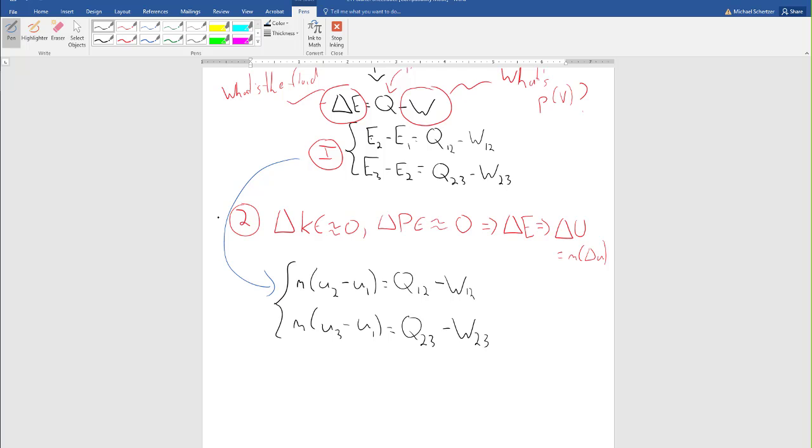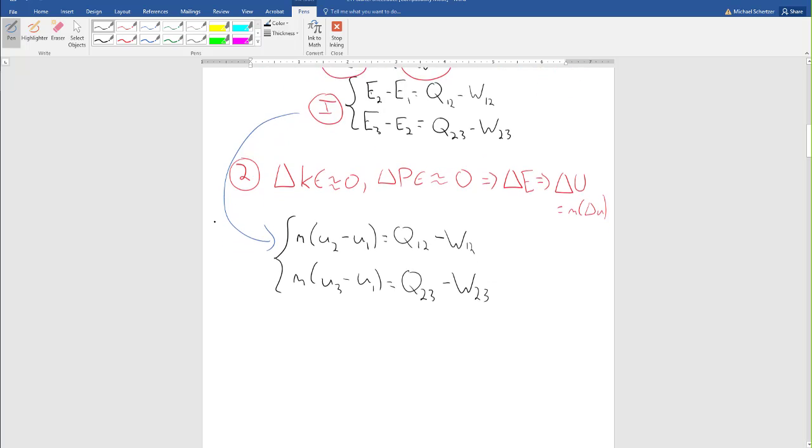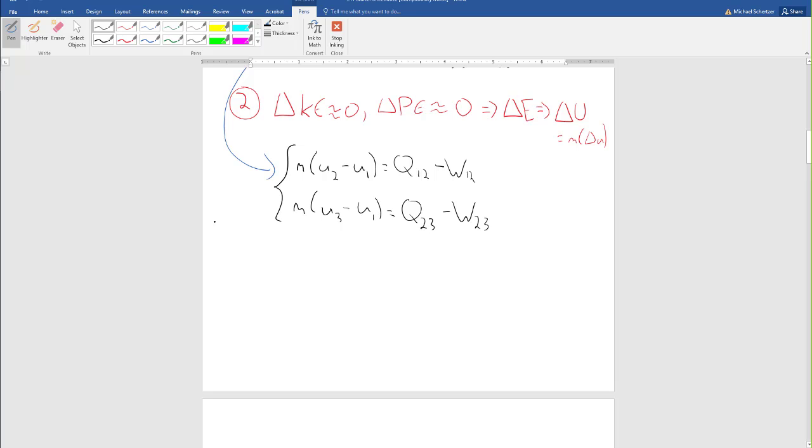So now I've got a choice. Really, I've got three paths that I can take here. There are three things that I'm going to have to do, things that I don't know. I don't know the U's, so I could fix states. I could find work.